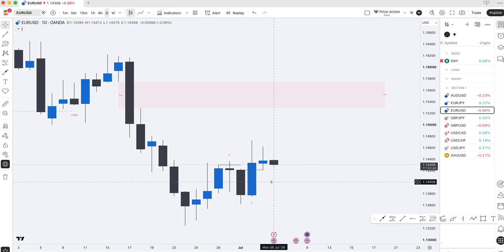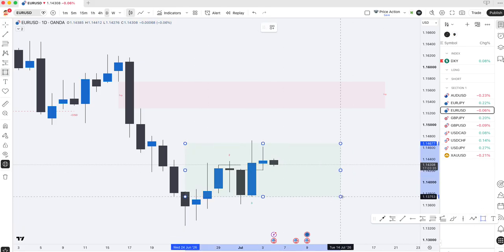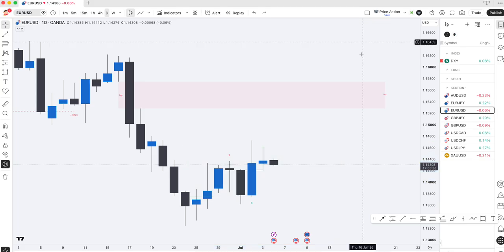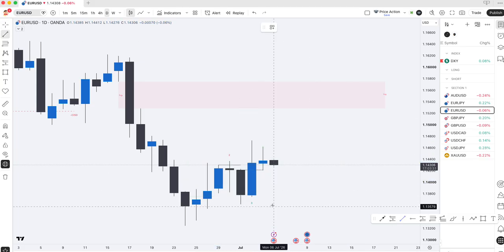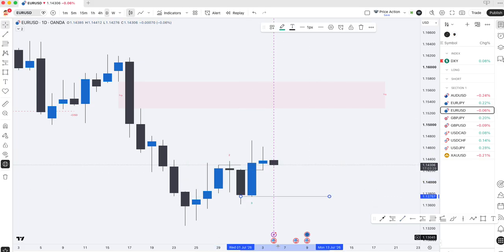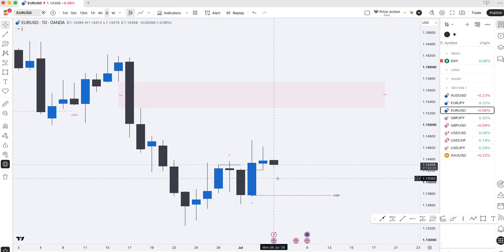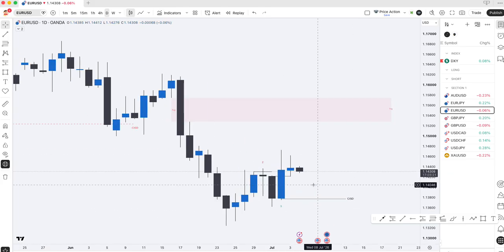EU is just in a small range right now. There's nothing clear. Again, if we close below, we will get a change in state of delivery, and then we can continue going to the downside. But for bullish, I don't see any bullish momentum. There's no bullish FVG yet.